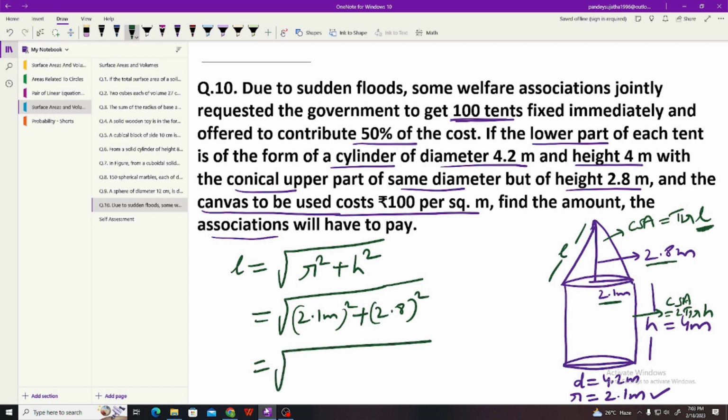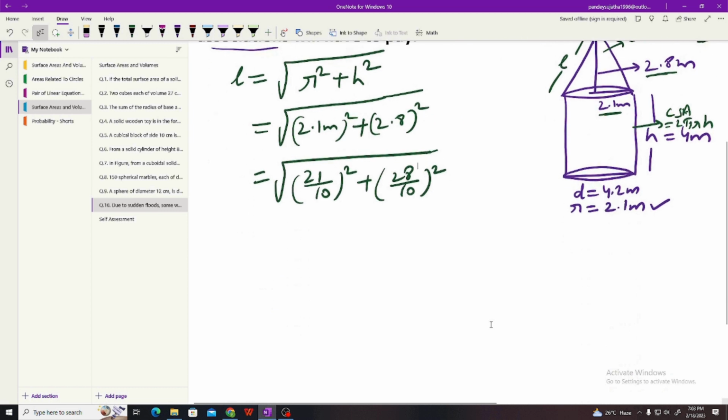So write 2.1 as 21 upon 10 whole square plus 2.8 as 28 upon 10 whole square for easy calculation. So 21 square is 441 and 10 square is 100, plus 28 square is 784 upon 10 square is 100.